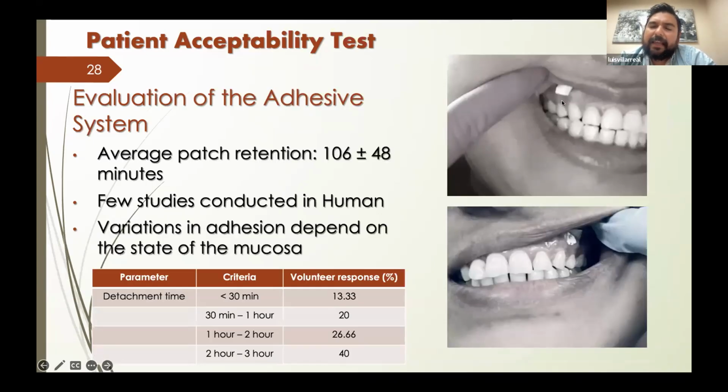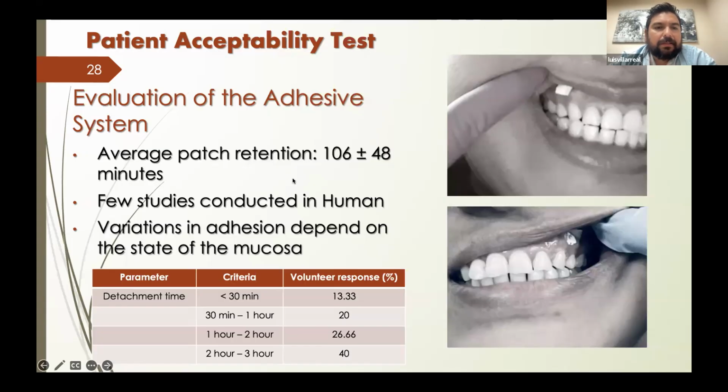The idea is to locate this membrane at the site where you will have the extraction of the tooth. Depending on the site, the idea is that the patch attaches and does not go away.